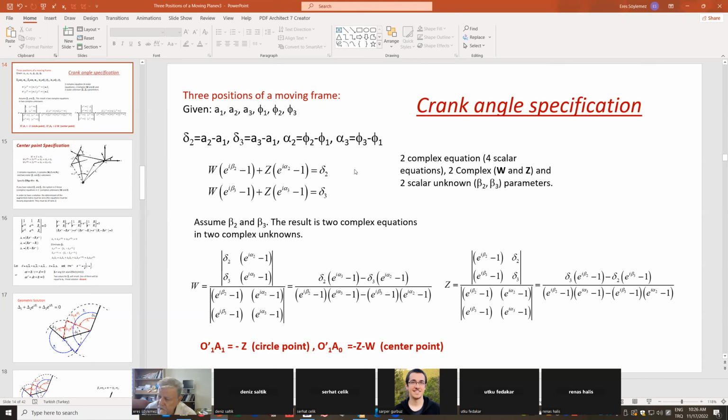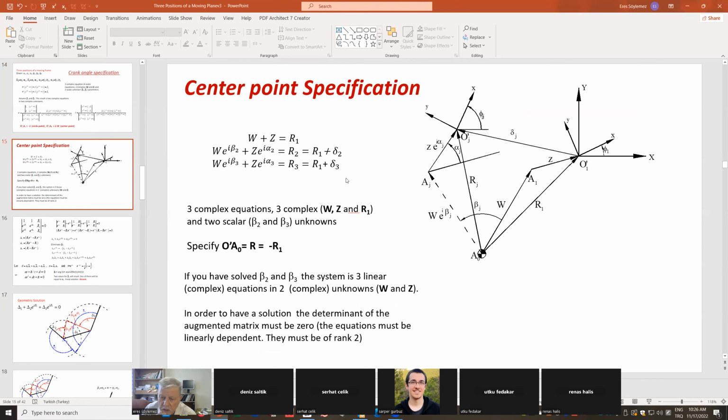Correct? W plus Z is equal to R1. Okay? So W e to I beta 3 plus Z e to I alpha 3 is equal to R1 plus delta 3. W e to I beta 2 plus Z e to I alpha 2 is equal to R1 plus delta 2.